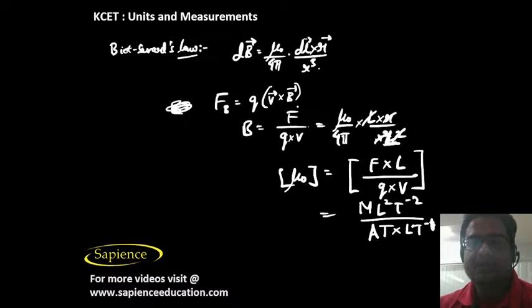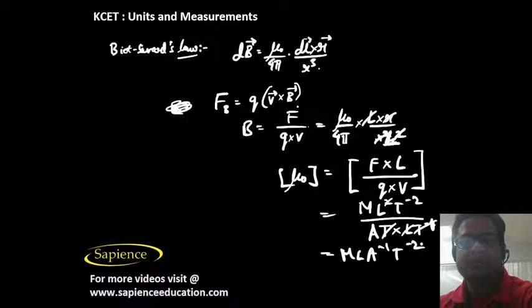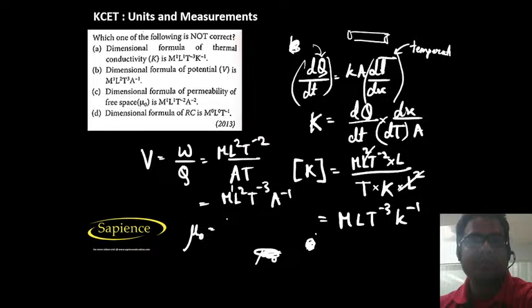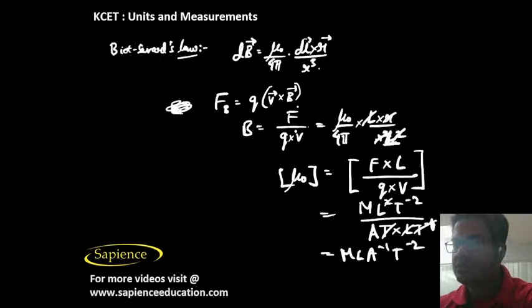So length and length will cancel, T inverse and T will cancel, so that will be M L A power minus 1 T power minus 2. So option C also is not correct.